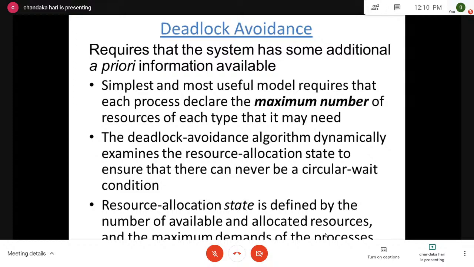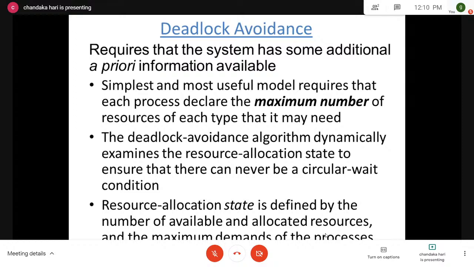Otherwise, it is not possible. So it requires that the system has some additional prior information available. What should that additional prior information be? What is the maximum number of resources required to complete a particular process? What is currently required? The rest of the resources may be required at what moment of time? You need to allocate accordingly.